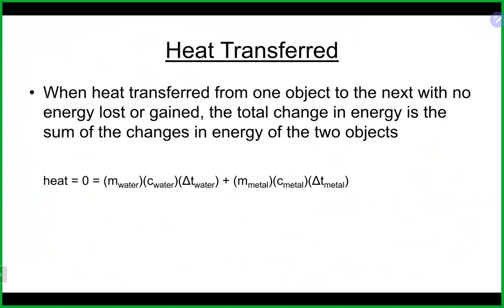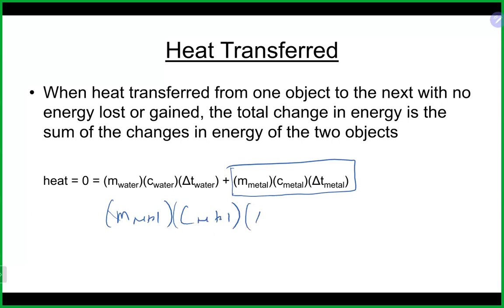But this is sometimes inhibiting because you do need to move one of these guys to the other side, which will give you your mass of your metal, your specific heat capacity of your metal, your change in temperature of your metal will equal the mass of the water, the specific heat capacity of the water, and the change in temperature of the water. Now, when you do move it over there, technically you got to incorporate a negative sign.